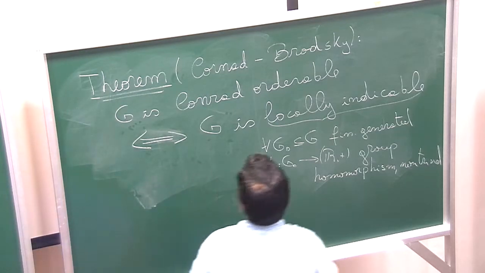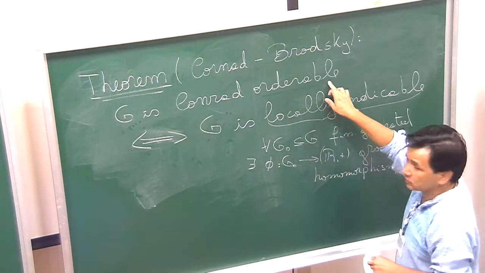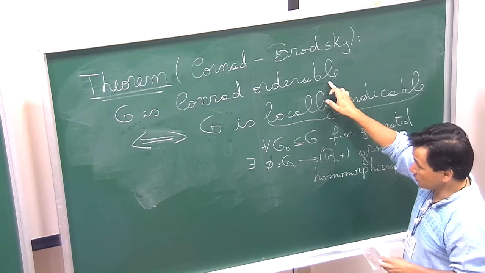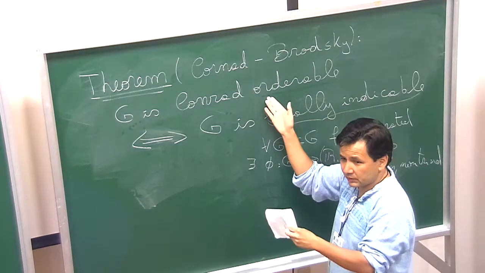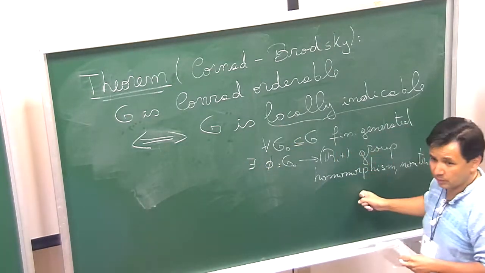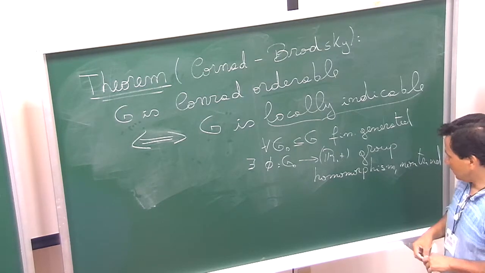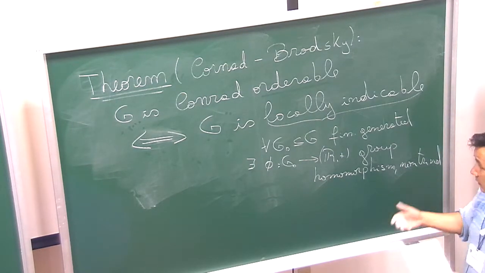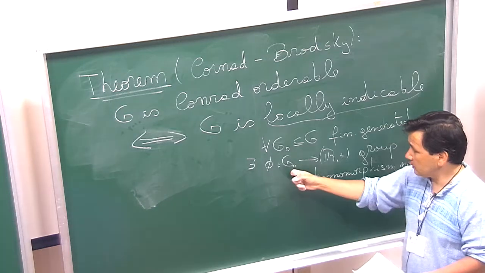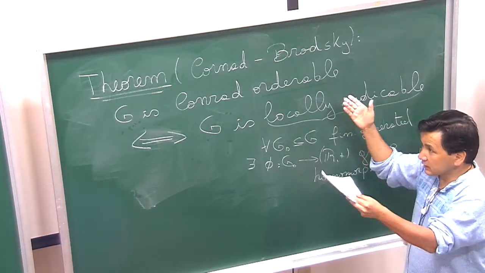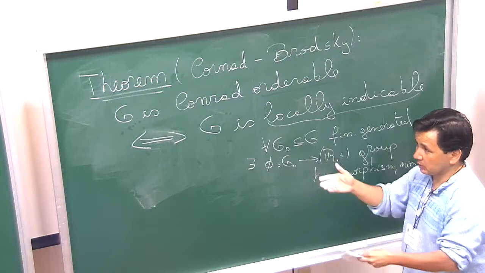This is why I put here orderable, not ordered. So there is a Conrad order in the group if and only if the group is locally indicable. In some sense, during the proof, you build homomorphisms that preserve the order. But this is the right way to state the theorem so that it becomes an if and only if.